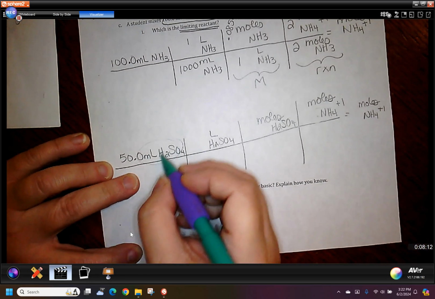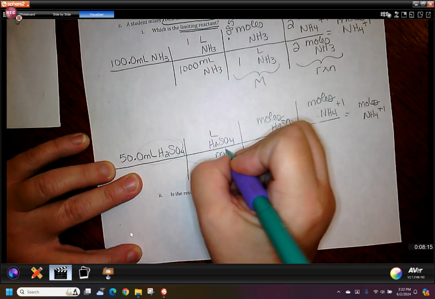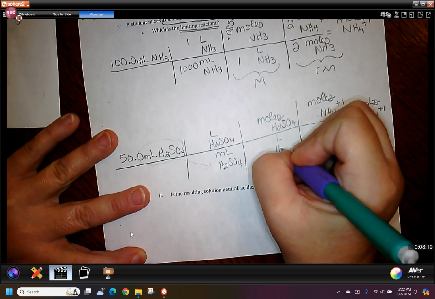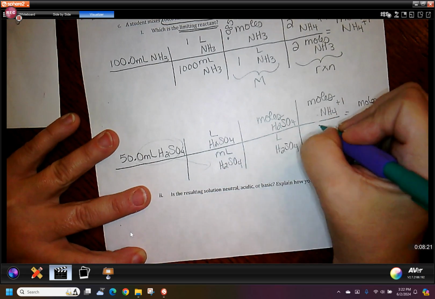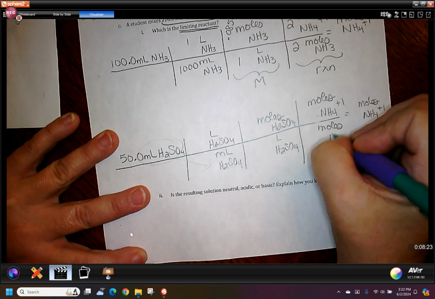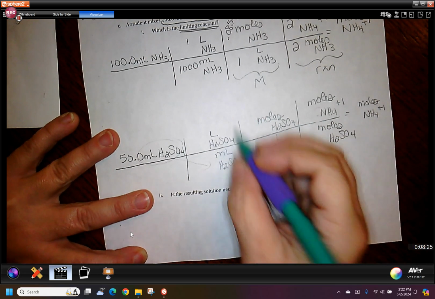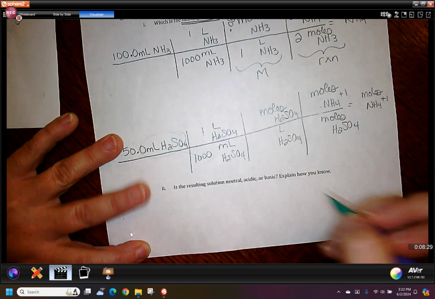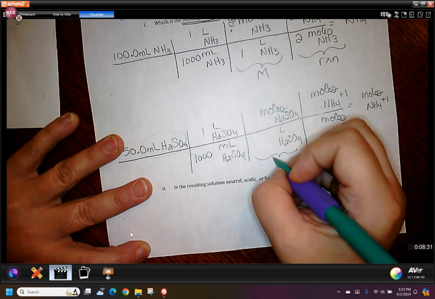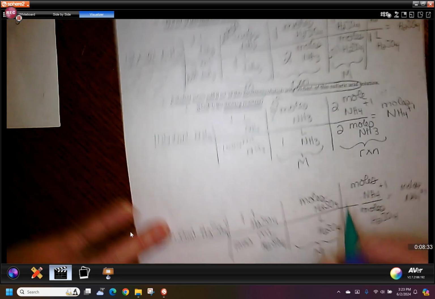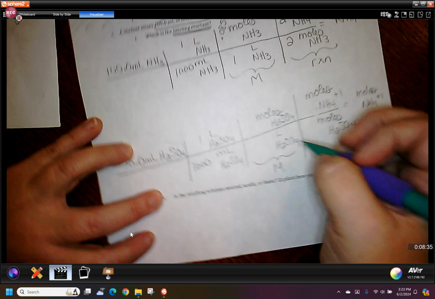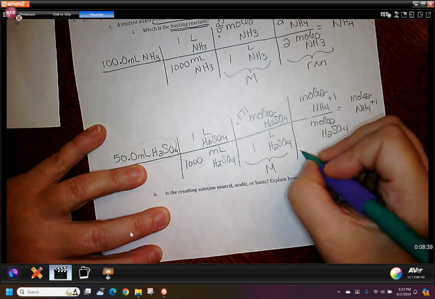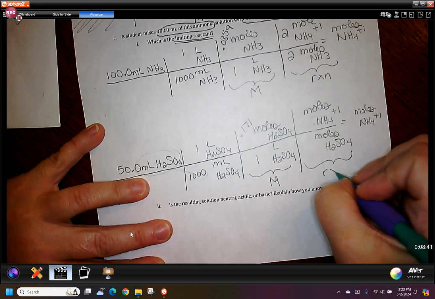Okay, I'm gonna take this, I'm gonna go diagonal. Okay, liters and milliliters. 1 liter is 1,000 milliliters. Moles to liters is molarity, but I've got to make sure I take the sulfuric acid one. 1 liter is 0.171, and moles to moles is from the reaction.